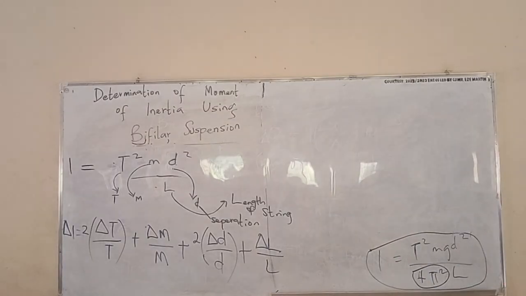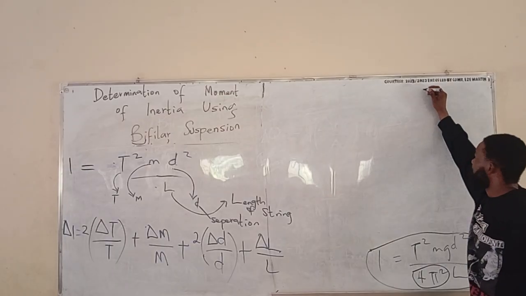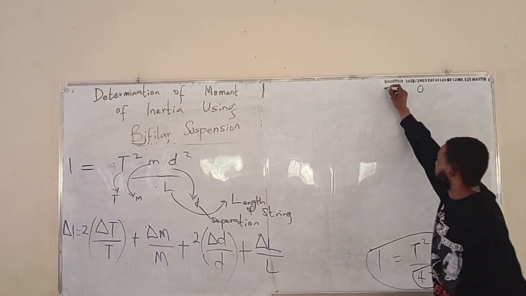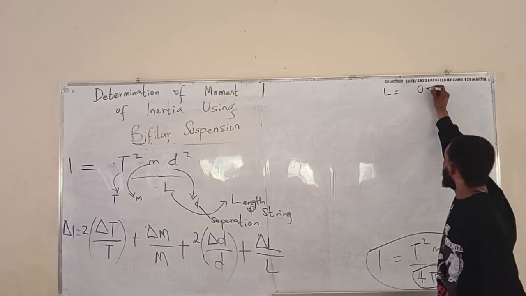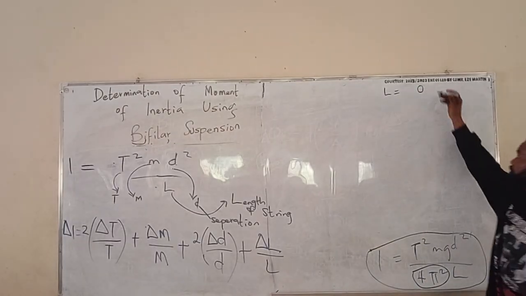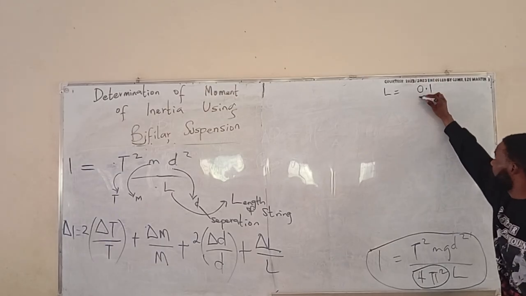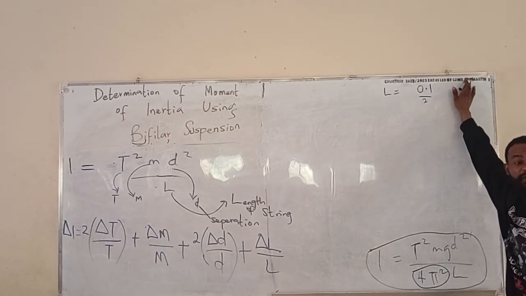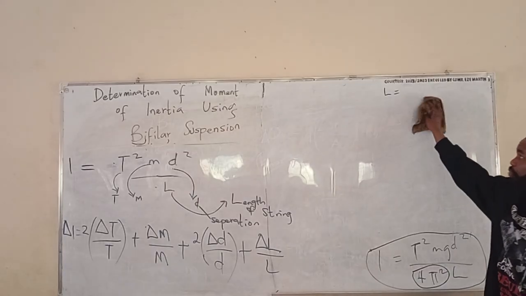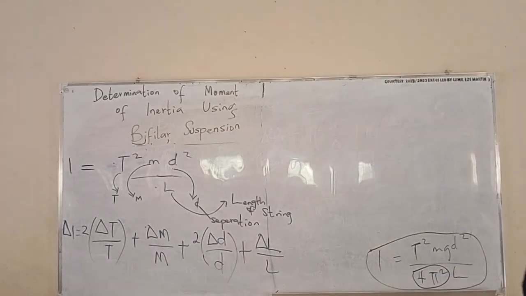Meter rule for the length. We have meter rule to be 0.1 normally, divided by 2 gives me around 0.05. But please, what we are going to be considering is the practical book. Check if they gave us any increment, decrement. I told you that is how you get your change. Did they give us anything like increment, decrement?